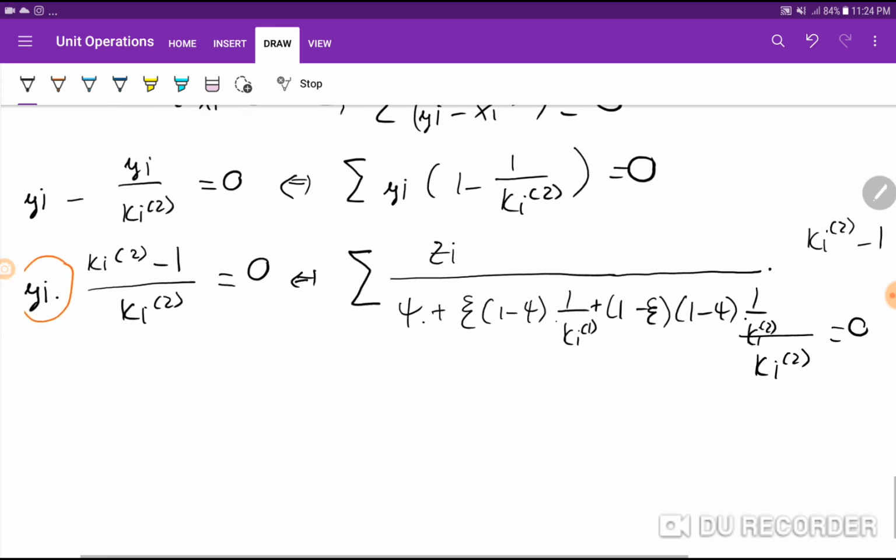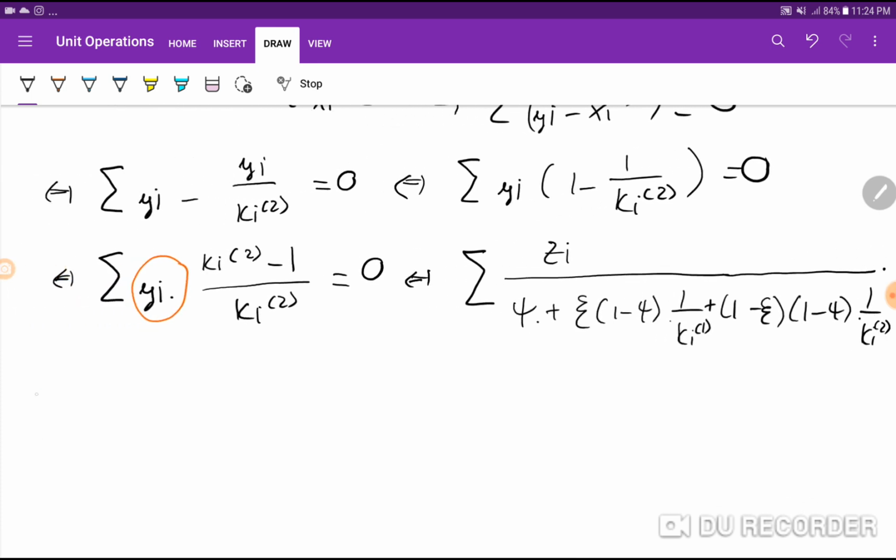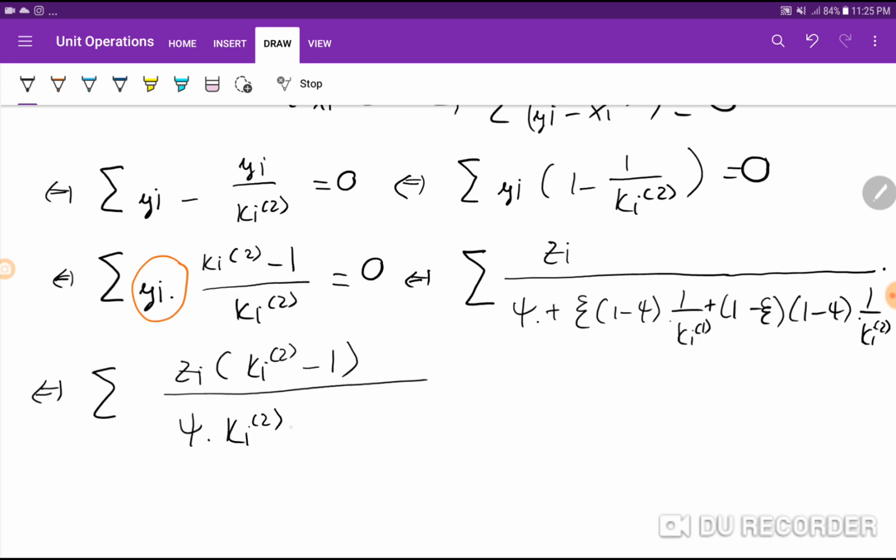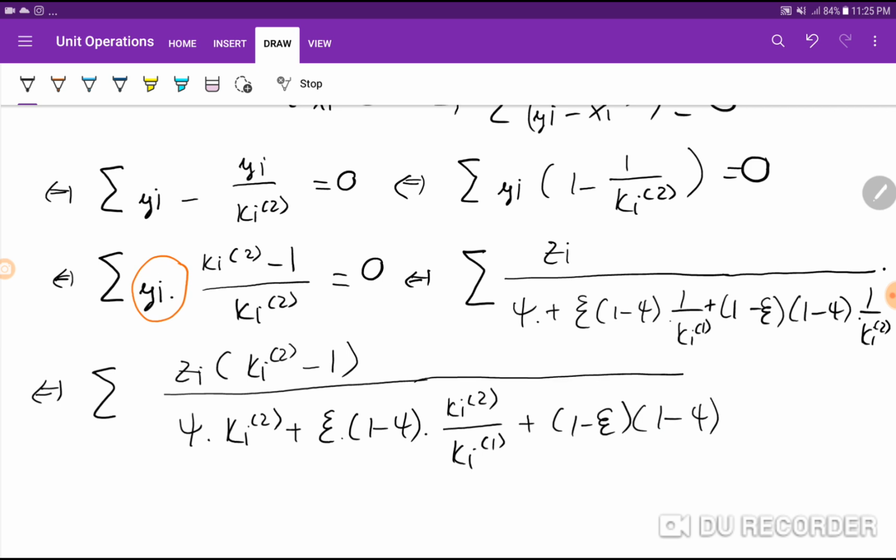So I'm going to go ahead and multiply ki2 to the denominator and rewrite it one last time. So you have summation of zi times ki2 minus 1 on this side times ki2 plus epsilon times 1 over psi times ki2 over ki1 plus 1 minus epsilon times 1 minus psi equal 0.